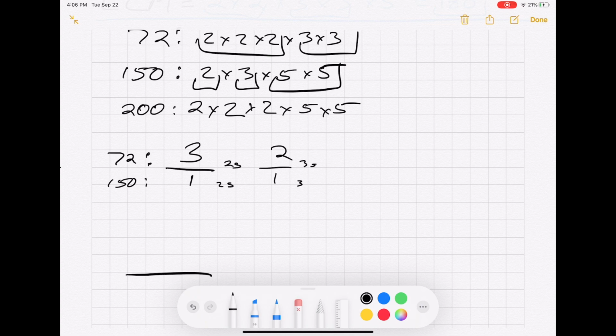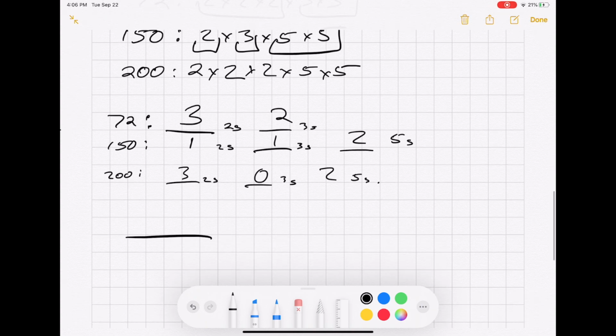It has 1 3, and it will have a minimum of 2 5s. Okay, and then 200 will have a minimum of 3 2s, 0 3s, and 2 5s. So I know that I'm going to use this one, right? Because these are the same, so I can just choose one. I'm going to use this one, and I'm going to use that one, okay?